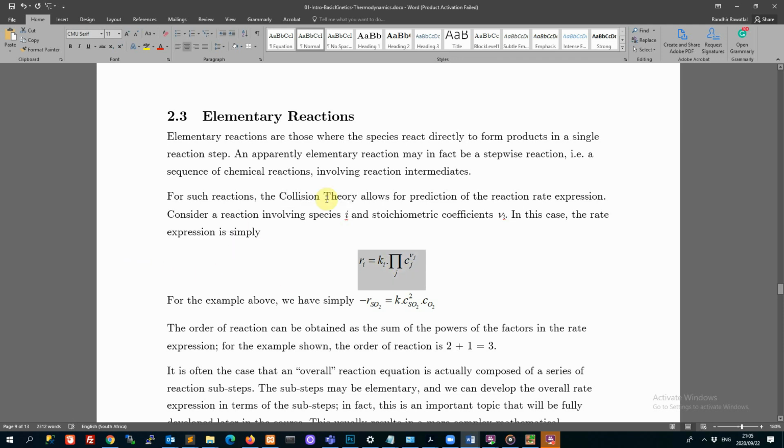So from collision theory, if you go back and revise your collision theory, you'll see why this is. And this applies only to elementary reactions.